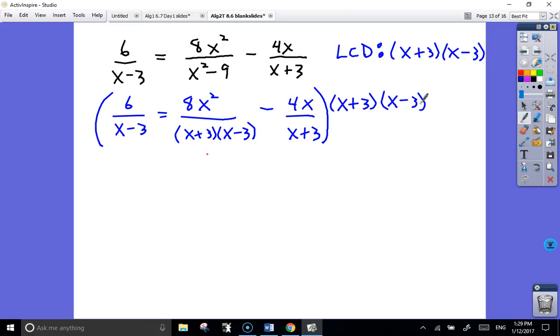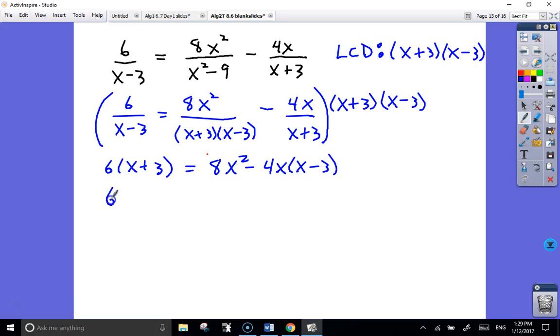And when you multiply this one, the x plus 3's will cancel, and you'll just have 4x times x minus 3. So in one step, no more denominators. This gives us 6 times x plus 3 equals 8x squared minus 4x times x minus 3.